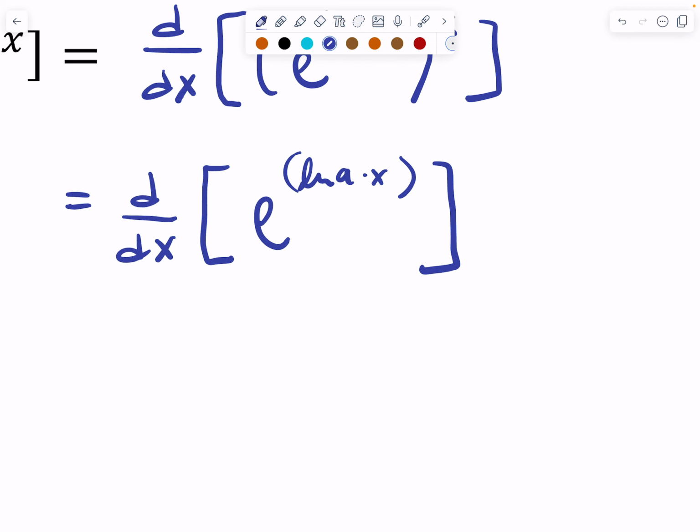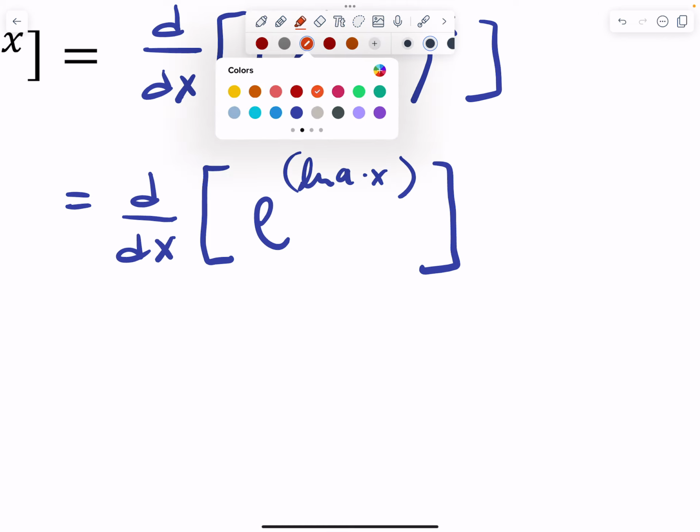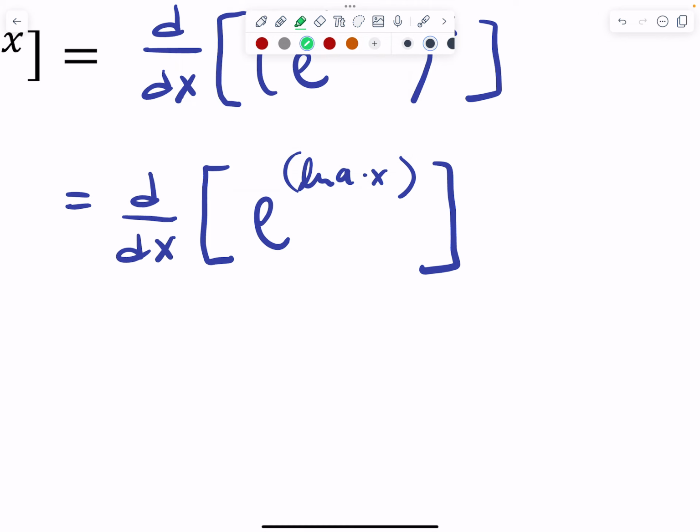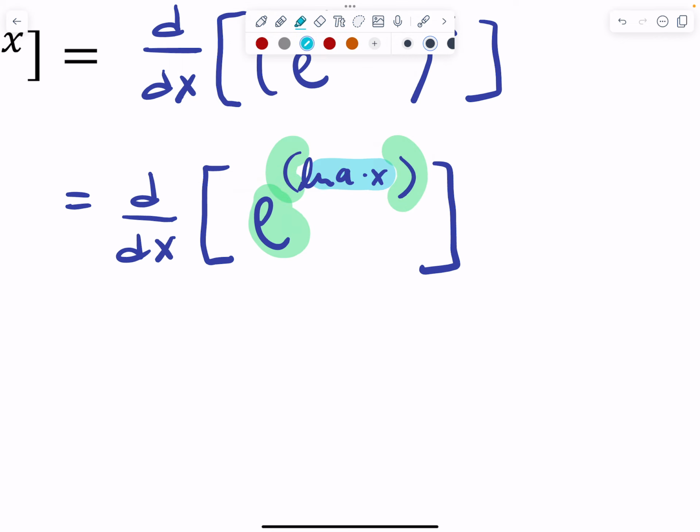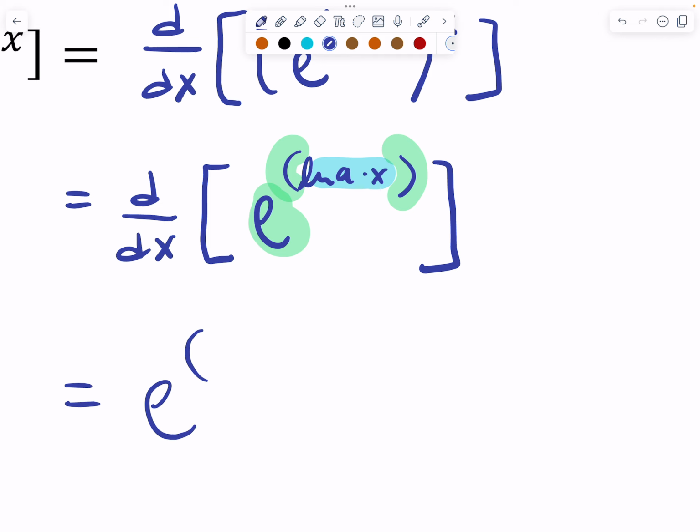And this is something that we know how to differentiate, okay? So we're going to be thinking about chain rule in order to differentiate this, where we're thinking outside function and inside function. So the derivative of e to a power would be e to the power.